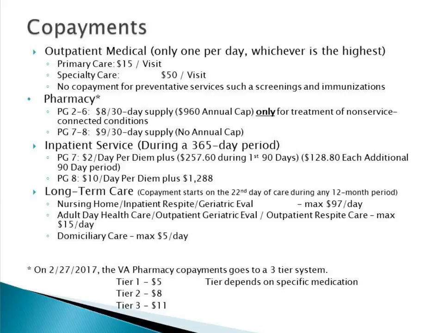Okay, thanks for that clarification. Another question here is, can you clarify service-connected and non-service-connected? So in the VA world, service-connected means that you have a mental or physical condition that the Veterans Benefits Administration has determined to be caused by or compounded by your time in service. I use myself as an example.